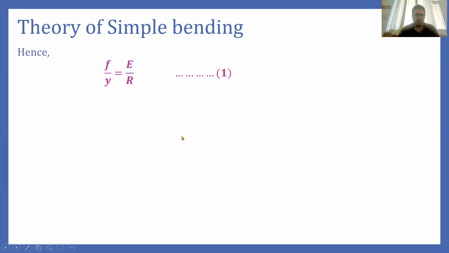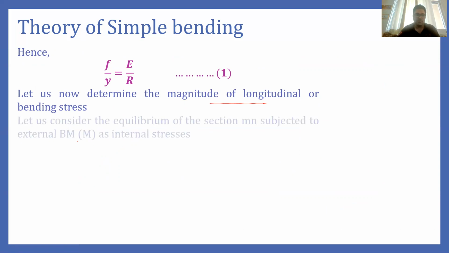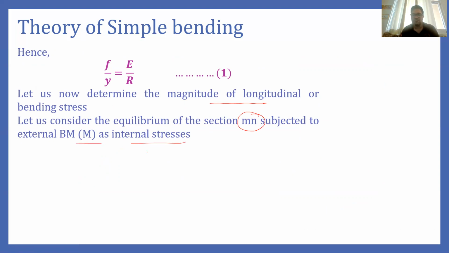Therefore, now we will first find out the magnitude of the longitudinal bending stresses. How do we find out this magnitude? That we will see. First we will consider section MN, which is subjected to external bending moment M and the internal stresses.